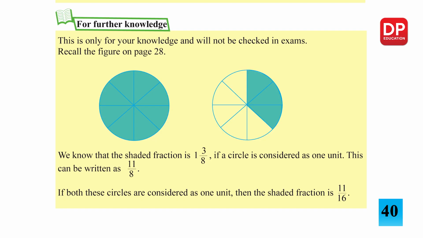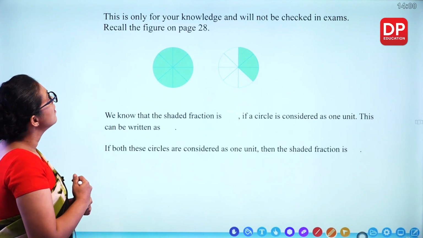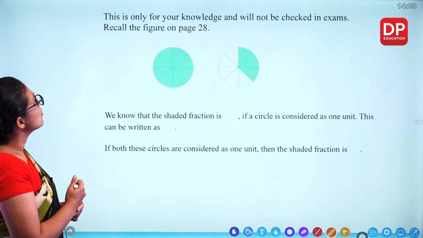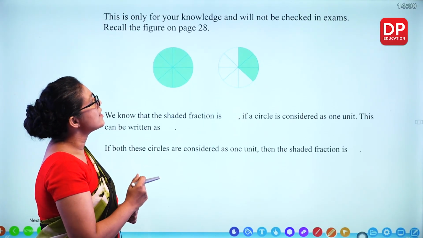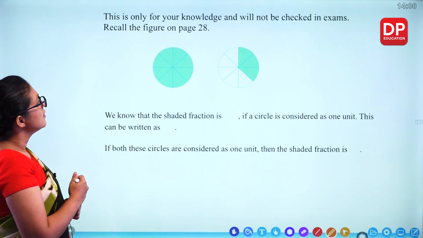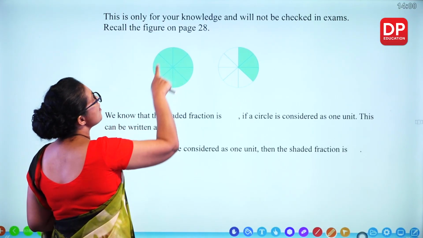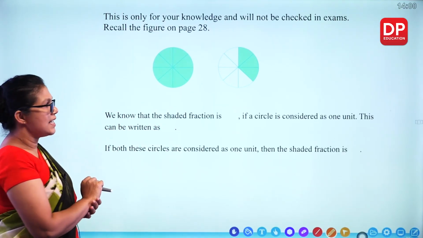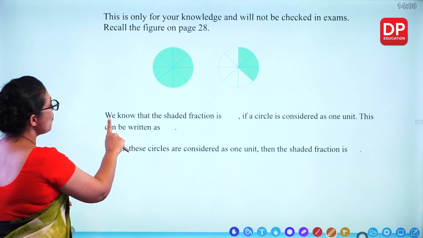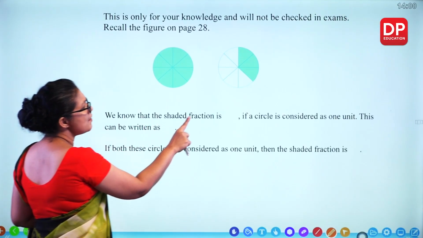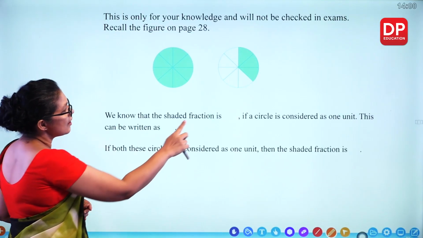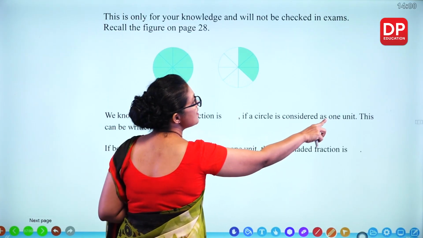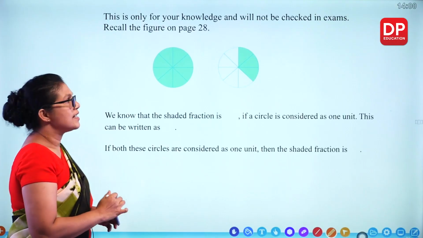Now, this is an extra part in the textbook. This is only for your knowledge and will not be checked in exams. Now, this is the diagram on page number 28. We know that the shaded fraction is, if a circle is considered as 1 unit.